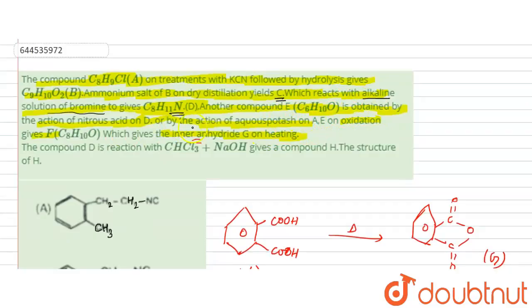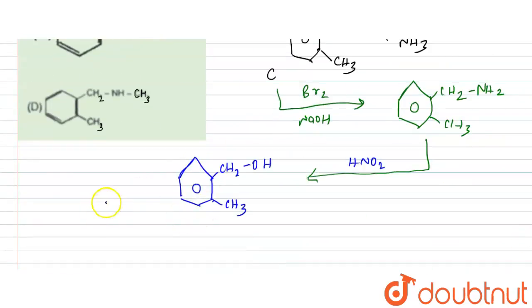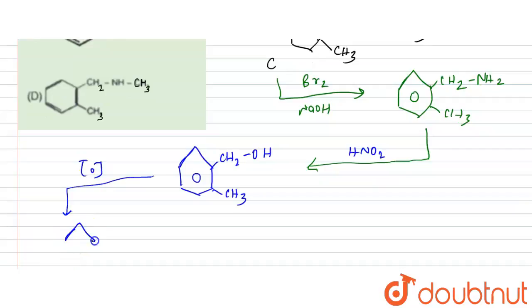Now E on oxidation gives F, which gives the inner anhydride G on heating. Definitely if you do the oxidation of this compound, you will get the compound which was required to get the anhydride, which we have discussed.